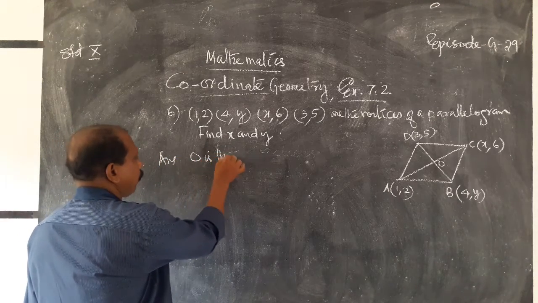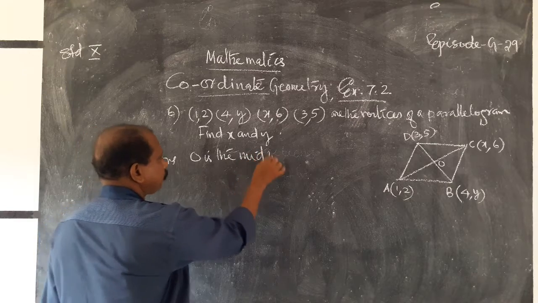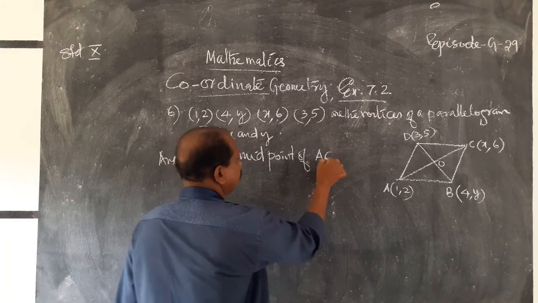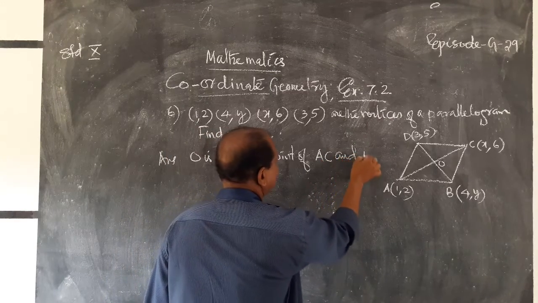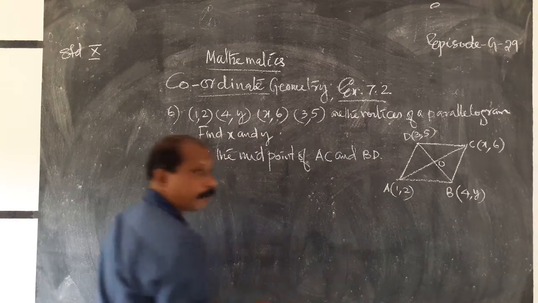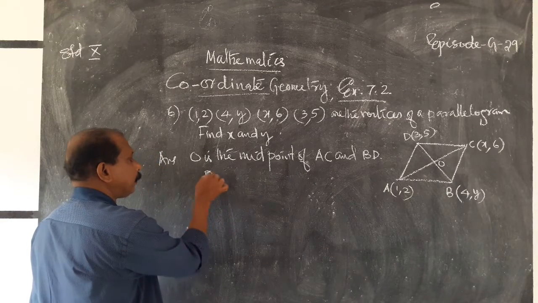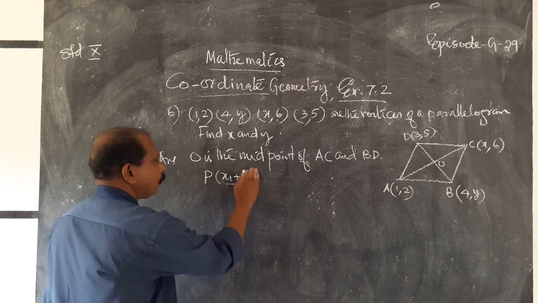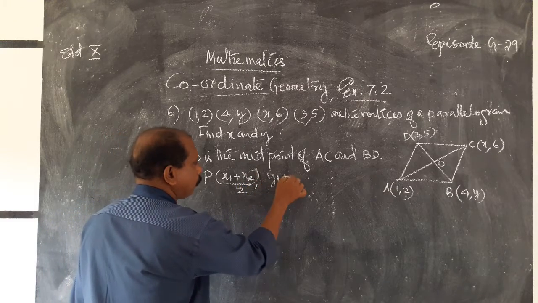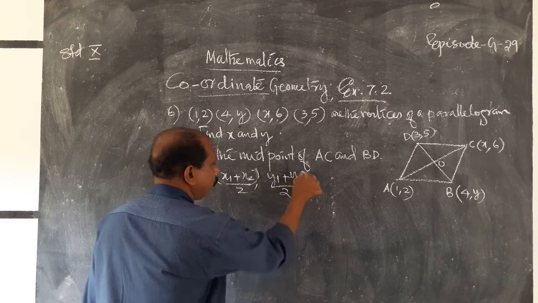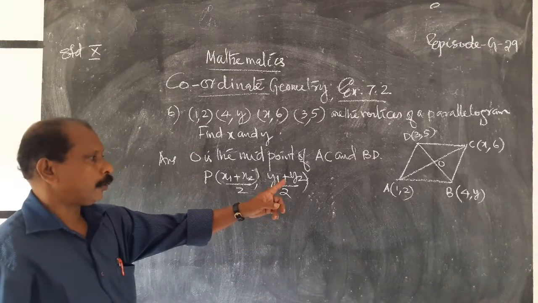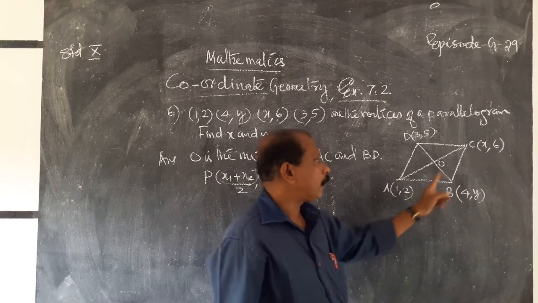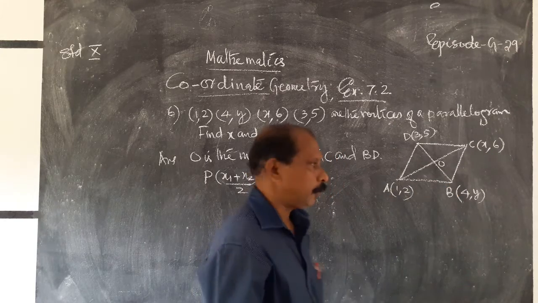O is the midpoint of AC and BD. Then what is the midpoint? It is ((x1 plus x2) by 2, (y1 plus y2) by 2). Therefore, using AC, A is (x1, y1) and C is (x2, y2).